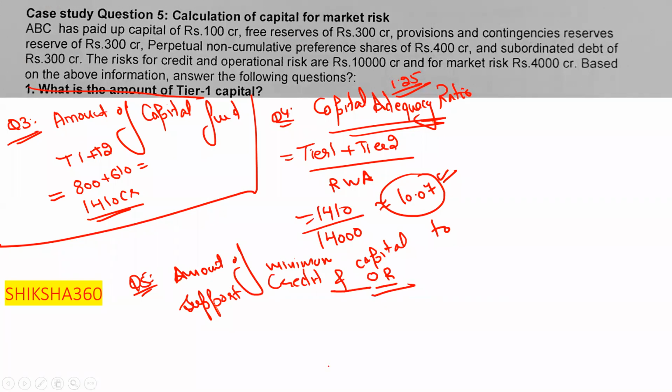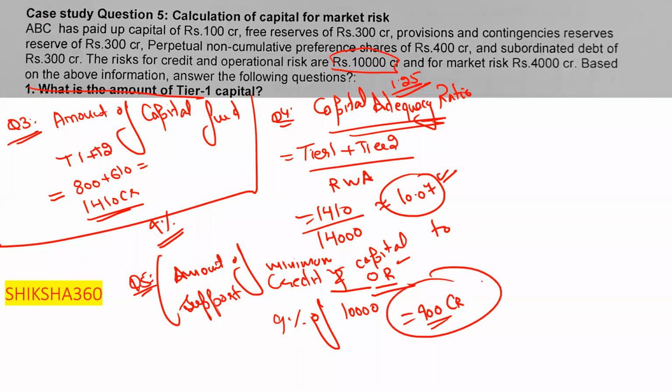That is 9%. 9% of what? Of what they mentioned, credit and operational risk, basically 10,000. So the minimum capital to support credit and operational risk is 9% of 10,000 crore. It comes out to 900 crore.